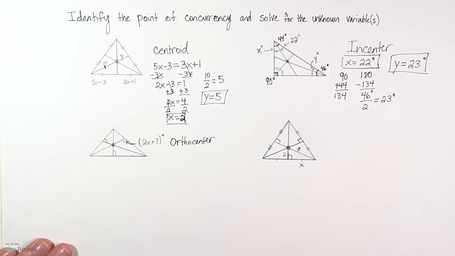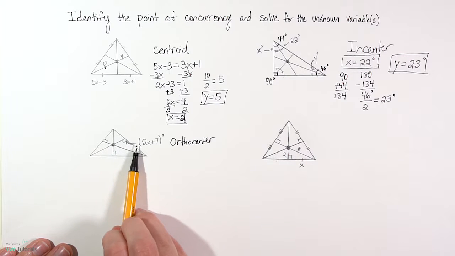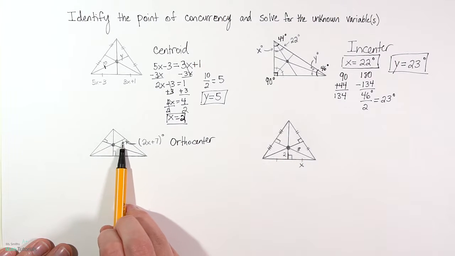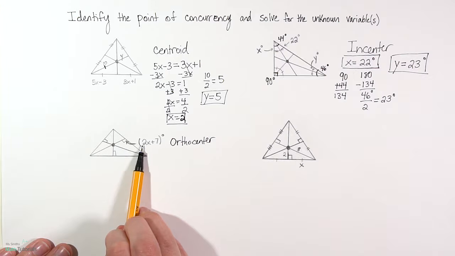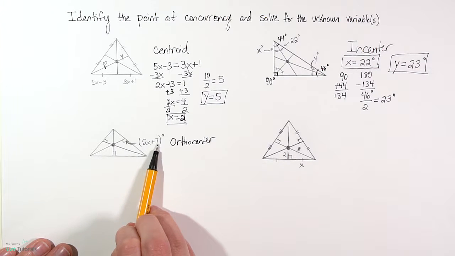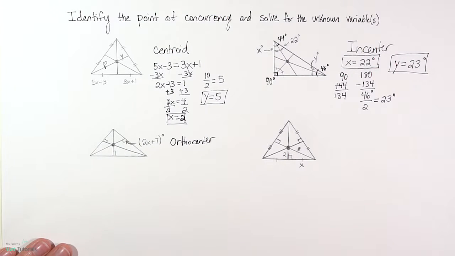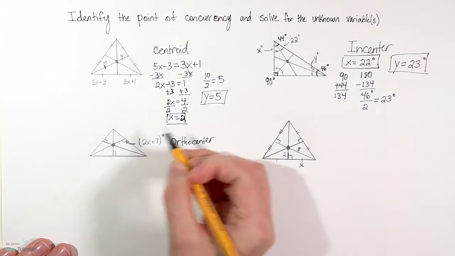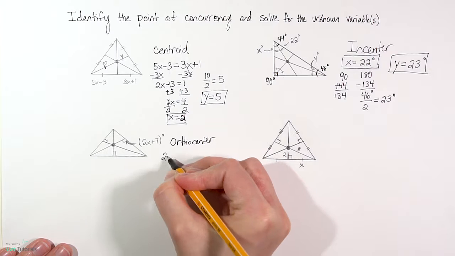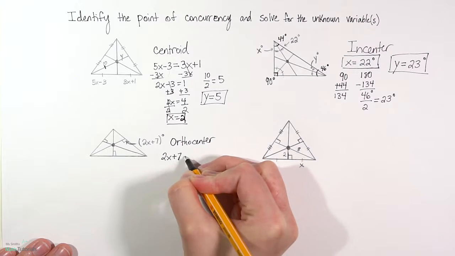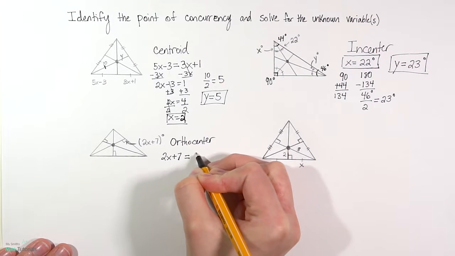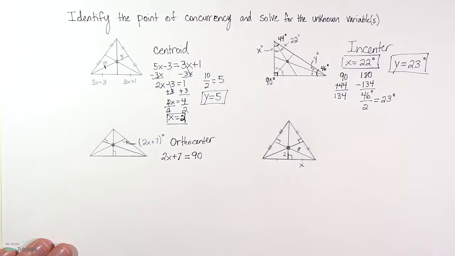To solve for my unknown variable here, notice it's pointing to this little boxed angle, and it's saying that angle is 2x plus 7. So we know anytime we have a little box in our angle, that means that angle is actually 90 degrees. I can take 2x plus 7 and set it equal to 90 degrees. And then from here I can solve for x.